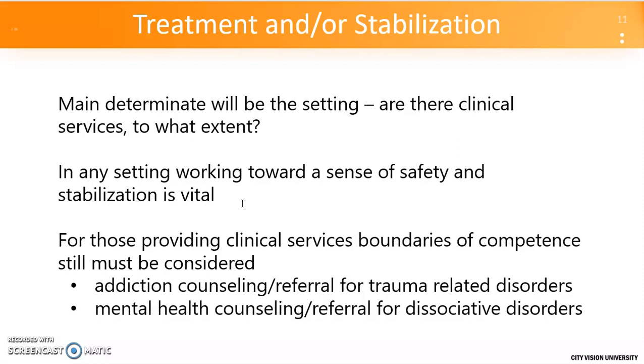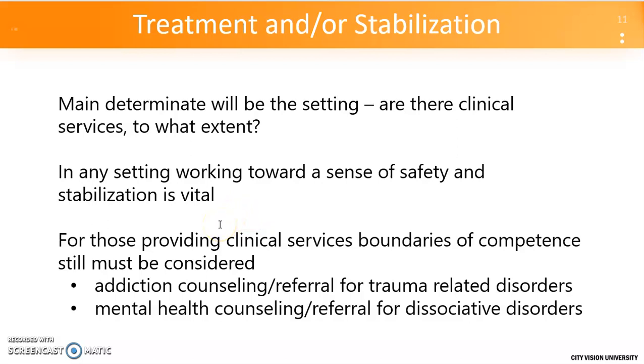So coming across as very authoritarian is going to mirror that and be more harmful than beneficial for the individual. So those are the sorts of things that we want to be aware of in the first part of treatment, or the first early days of working with a client with a trauma background.